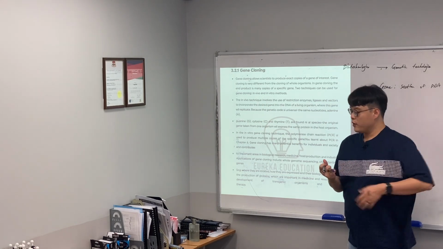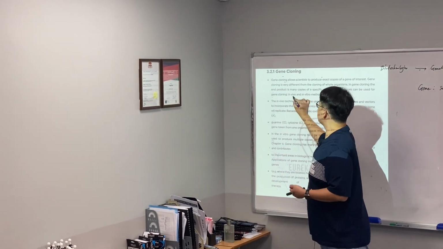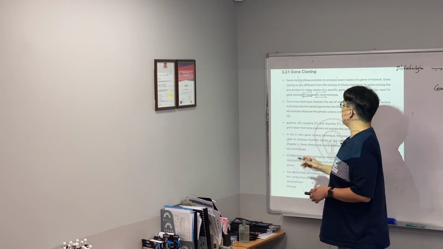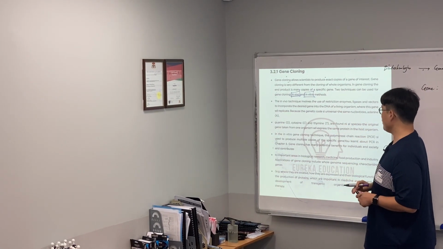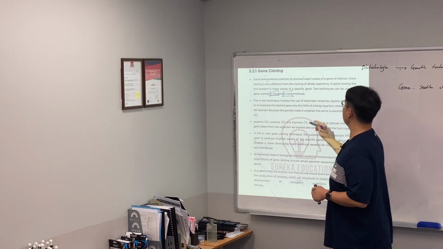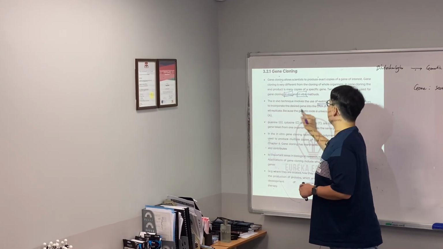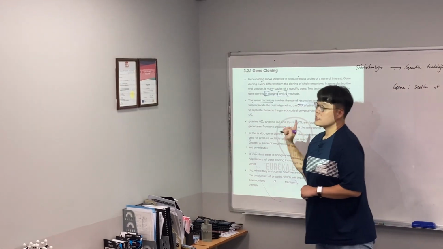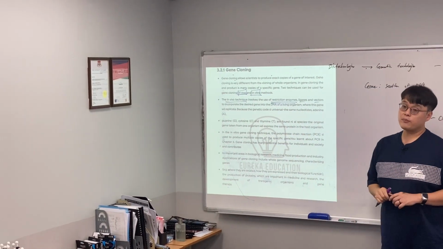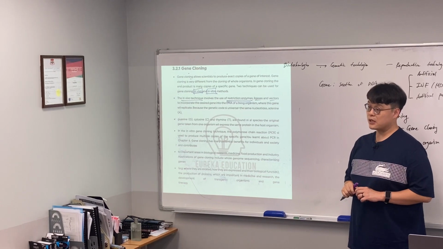In vivo means using something inside. In vitro means we're using restriction enzyme, ligase and the vector. We're going to learn more about this in more detail later on too.